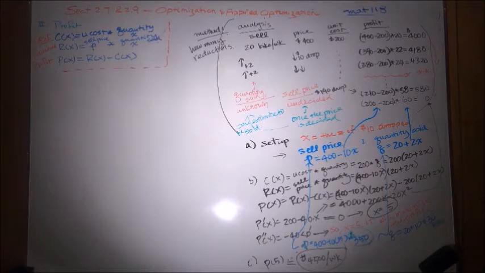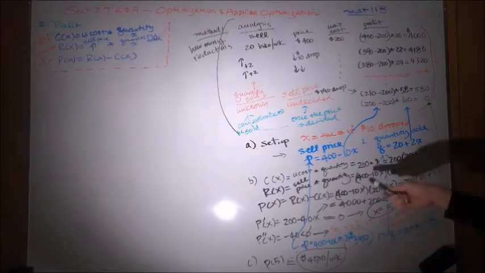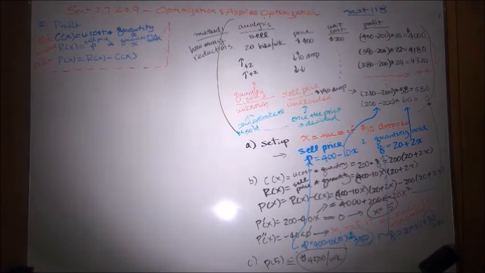Okay? So that's one way to think about it. That's a more straightforward way to think about it, because it says, I give a $10 discount, right? Then how much discount am I going to offer? 1 time, 2 times, 3 times, 4 times, 5 times, right?